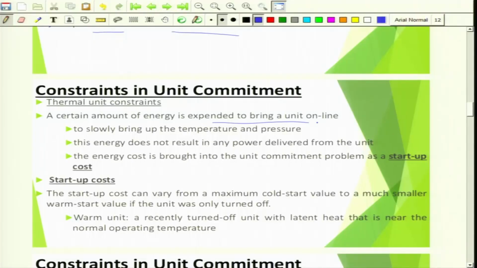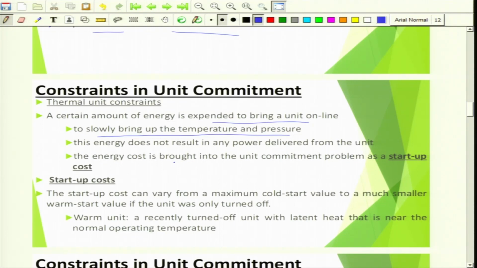What is the total energy consumed before it starts feeding power into the system? Energy is consumed to slowly bring up the temperature and pressure, and this energy does not result in any power delivered from the unit.